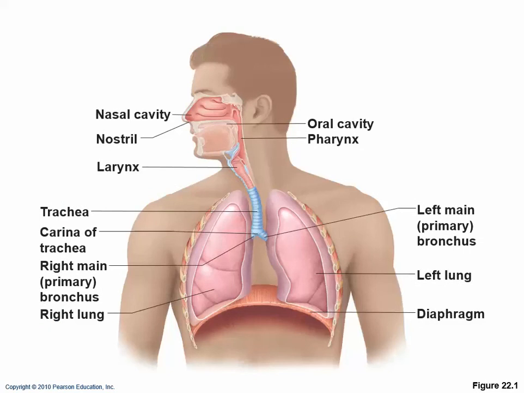So, again, this shouldn't be a big surprise, but we have the nose and its bits, the pharynx, the larynx, trachea, bronchi, lungs and alveoli.